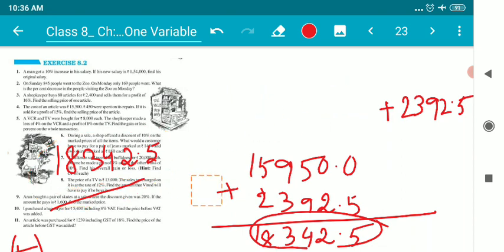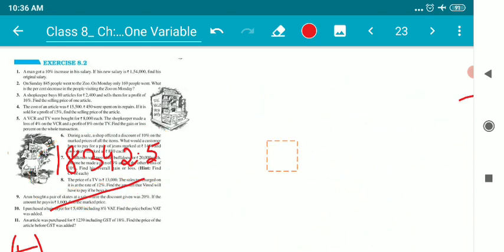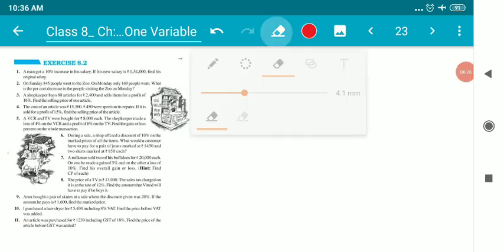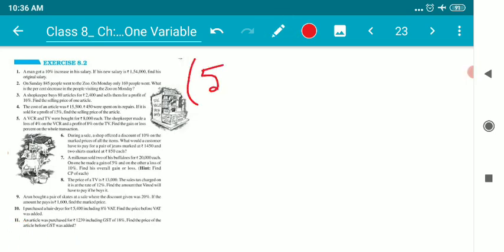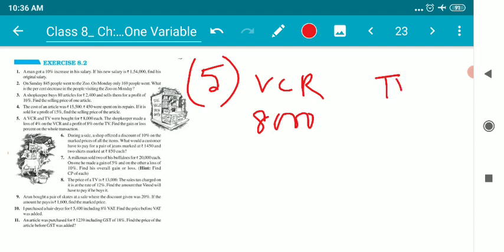Now, children, let us talk about one more important question of this chapter. It is question number 5. A very interesting question, children. A VCR and a TV were bought for rupees 8,000 each. That means the VCR was bought for rupees 8,000 and the TV was bought for rupees 8,000.